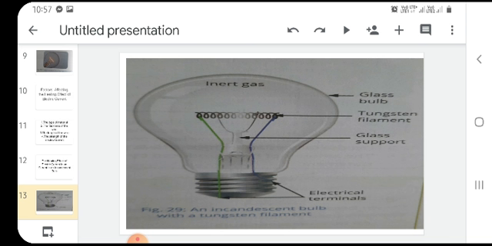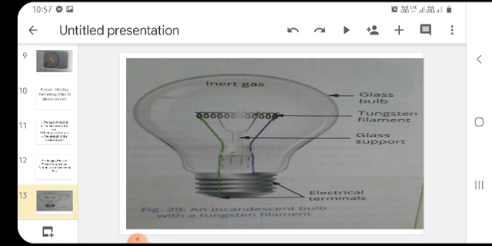So the characteristics of the bulb: the first point is due to the heating effect of the electric current, the current passing through the filament produces a large amount of heat. The heat that is produced is so large that it makes the filament glow and emit light.